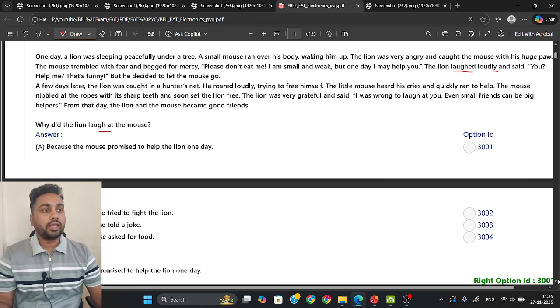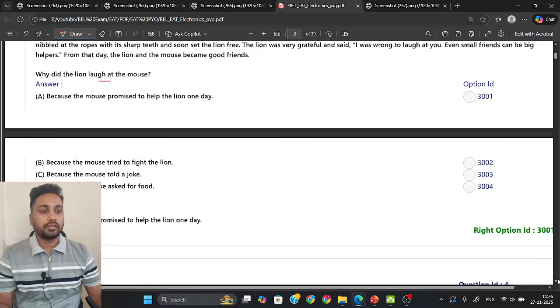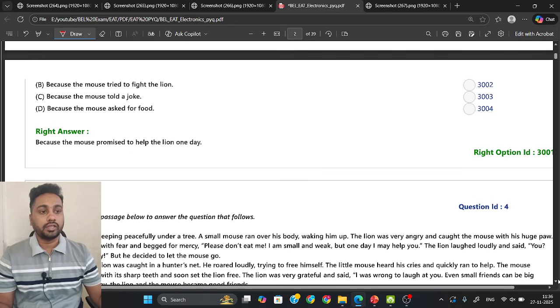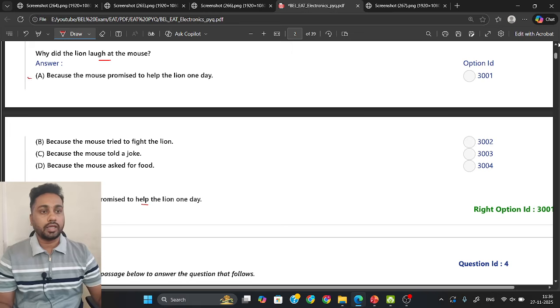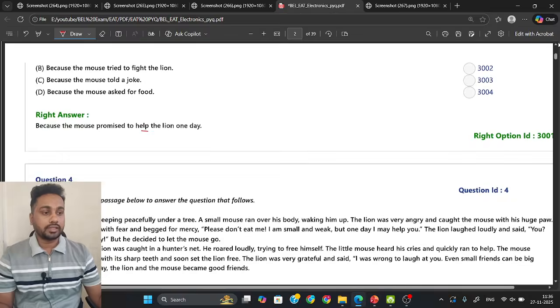So why did he laugh? Because the mouse told him, "Don't eat me, I am small and weak, but one day I may help you." That's why the lion started laughing. It is written that the mouse promised to help the lion one day, so for that reason he started laughing. So option A is your right answer. Every answer is hidden in the passage only.